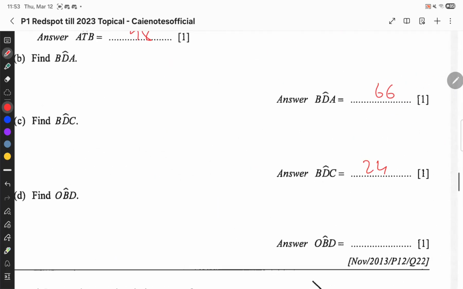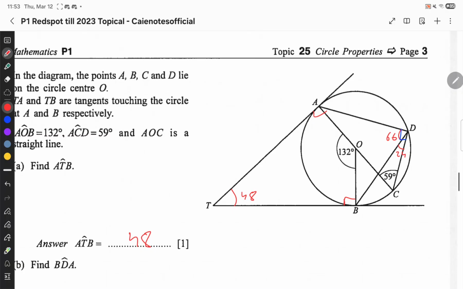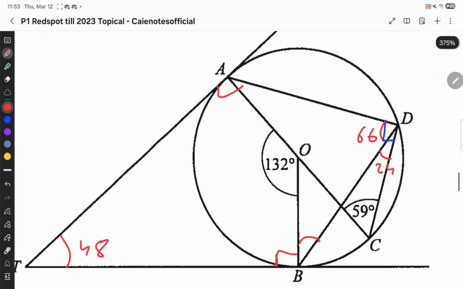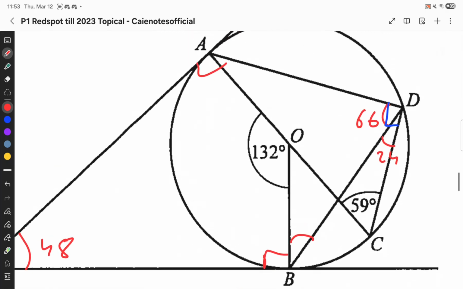Nice, good, done. And then we need to find OBD. Yes, OBD. How do we do OBD? Well, we use the correct trick, not the wrong trick from earlier.